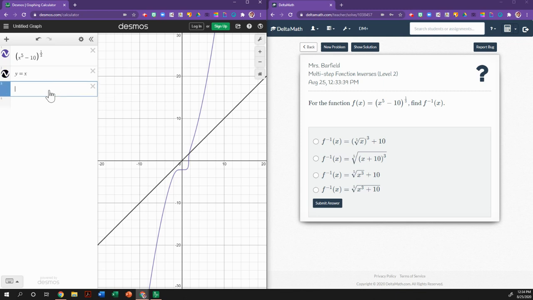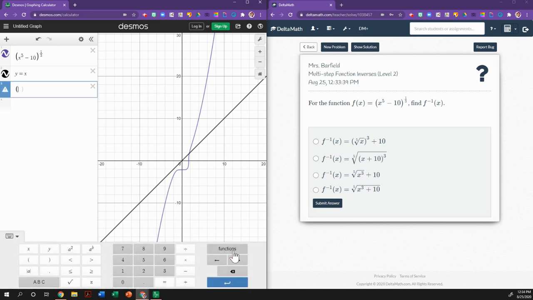Now I'm just going to type in my 5 answer choices. Parentheses, the fifth root of x, close the parentheses, to the third power, plus 10.